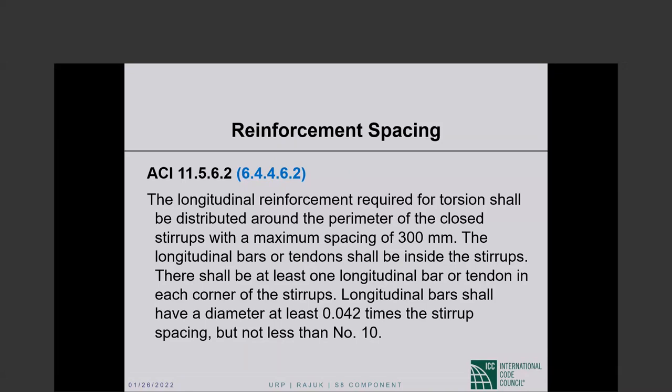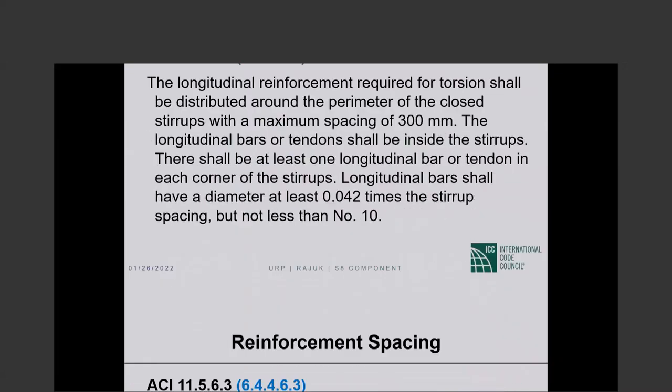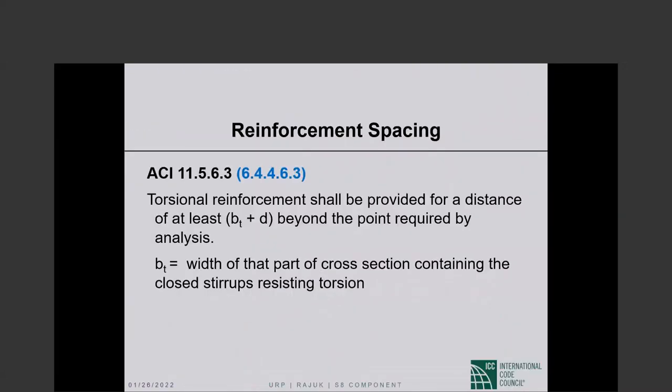There shall be at least 1 longitudinal bar in each corner of the stirrups. The longitudinal bar shall have a diameter of at least 0.42 times the stirrup spacing, but not less than number 10. So the longitudinal bars cannot be any less than number 10 in size.